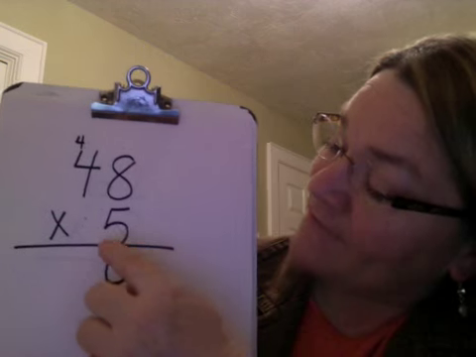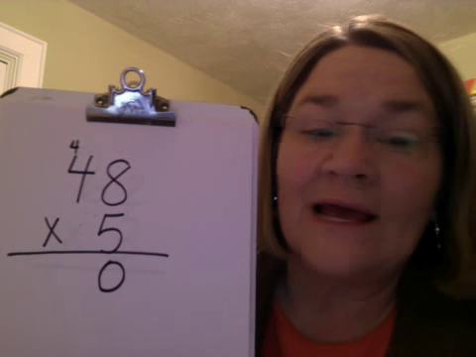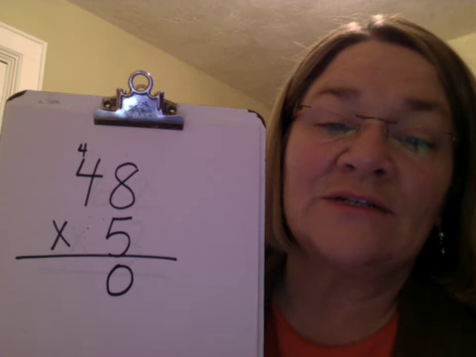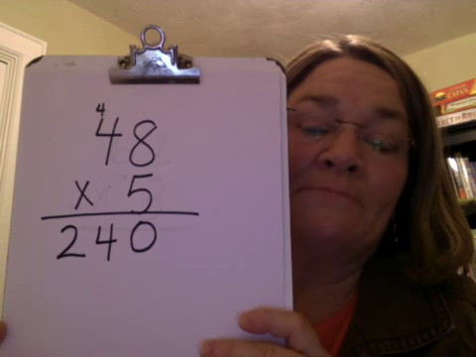So now we have 5 times 4, which is 20, and we have 4 more to add to it. So that is 24. And there's the answer to the problem.